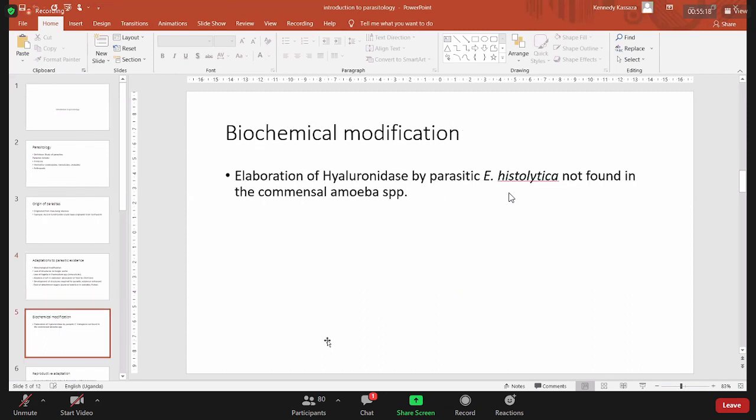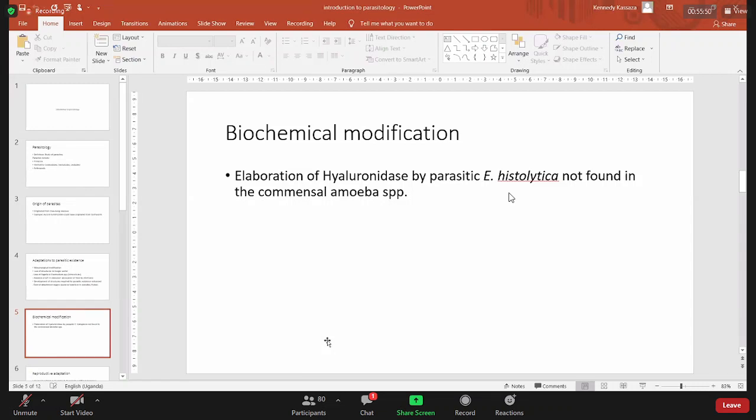There were also biochemical modifications. For example, we find that the parasitic species of Entamoeba, known as Entamoeba histolytica, elaborates an enzyme known as hyaluronidase, and this enzyme is not found among the commensal species of Entamoeba.